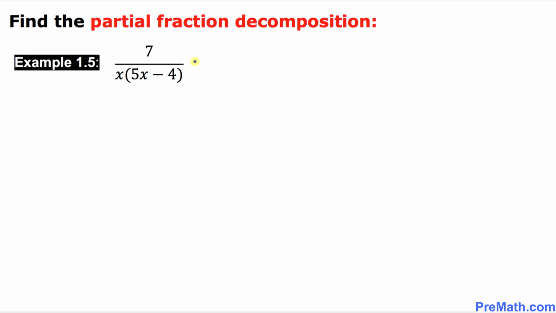And here in this example, once again we are going to find the partial fraction decomposition. Once again we have two linear factors in the denominator. That means we're going to have two fractions.